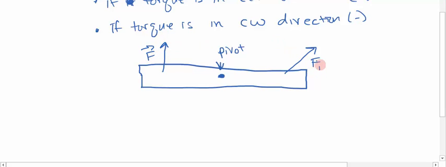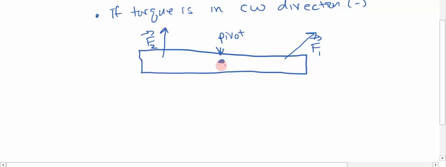Call this F1 and call this F2. If our pivot is right there in the middle and we focus on just F1, if that was the only force acting on it, it would cause it to change its rotation in the counterclockwise direction. So I would say that causes a positive torque.